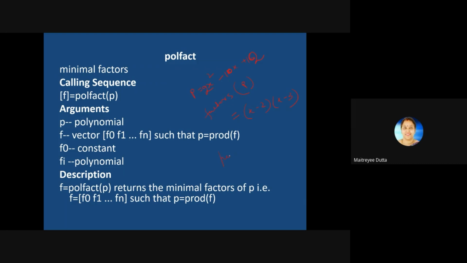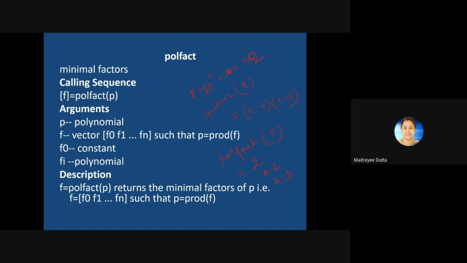But if you give the pole fact of P, then you will get 2 also, x minus 2 also, x minus 3 also. So this is the only difference between the factors and the pole fact. What is basically the difference?